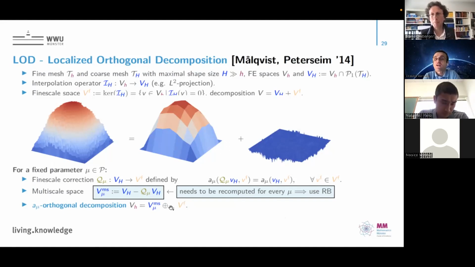I think that's very interesting. I think that Ramon Codina has looked at the orthogonal subscales in the context of variational multi-scale methods, and I was wondering whether there's any connection between this idea of Målqvist and Peterseim and Ramon.